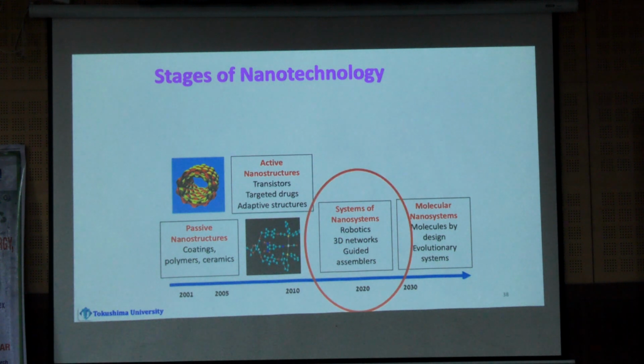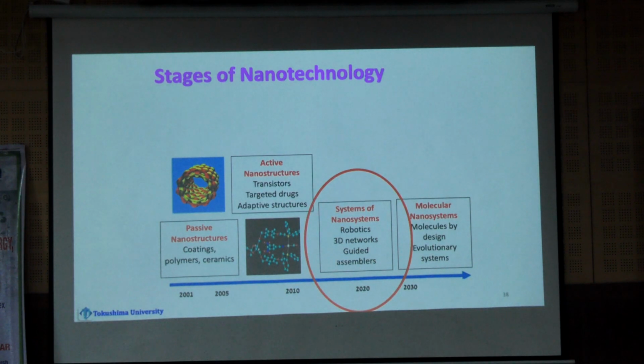Stages: we are in 2020 to 2030. The next 10 years until 2030 is up to robotics and 3D networks. And from 2030 to 2040 or maybe more, it will be the molecular nanosystem.